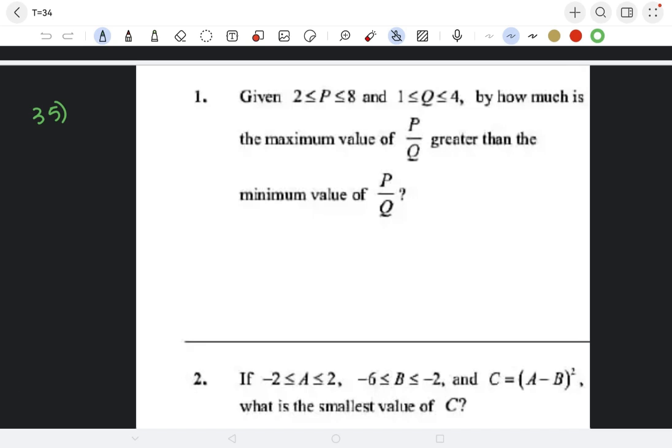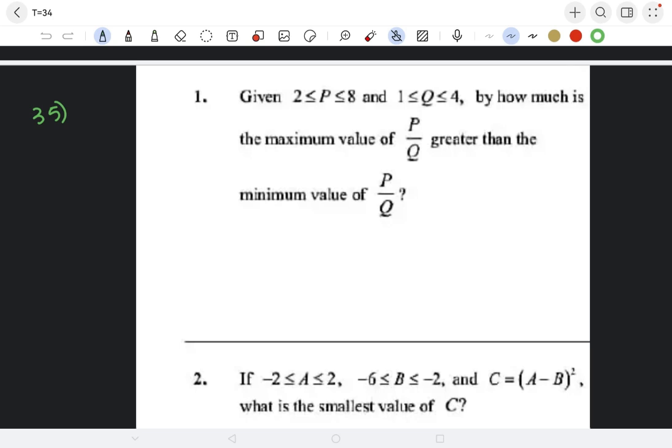Question number 1. They have given us P is between 2 and 8, and Q is between 1 and 4. How much is the maximum value of P over Q greater than the minimum value of P over Q? We have to find the difference.